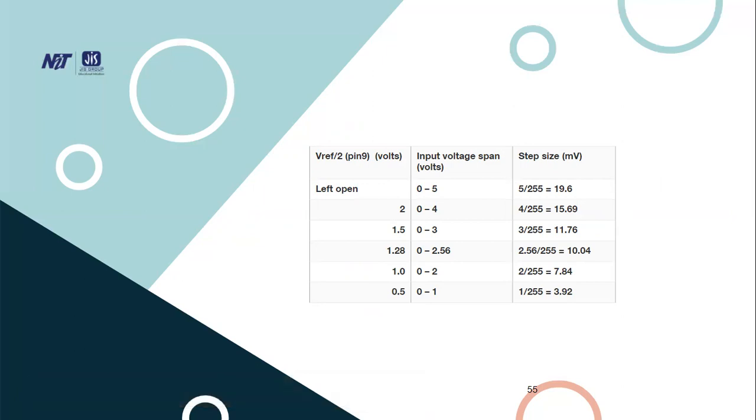If V reference by 2 is left open, then voltage span is 0 to 5 volt. Step size is 5 by 255, that is 19.6 millivolt.